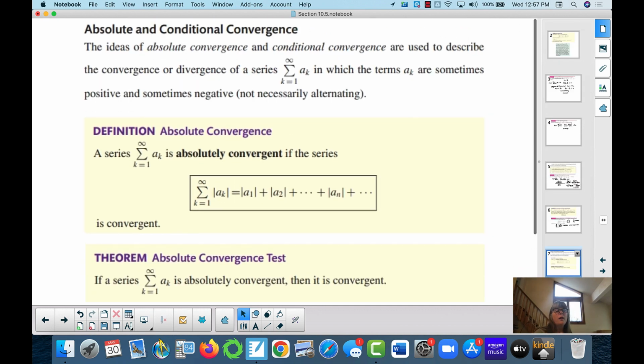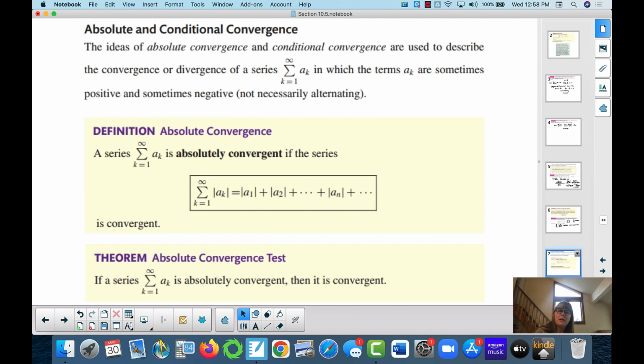Okay, now we're going to talk about this idea of absolute convergence versus conditional convergence. It's important to know that if you determine that a series is absolutely convergent, that means that series is convergent.